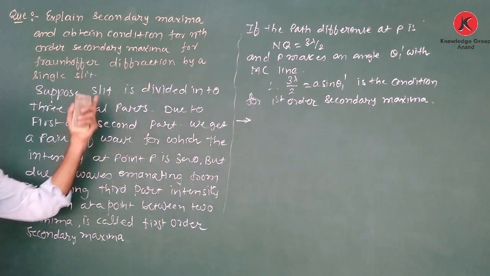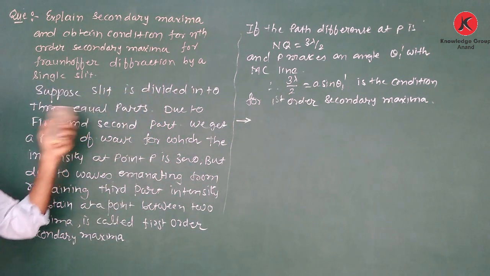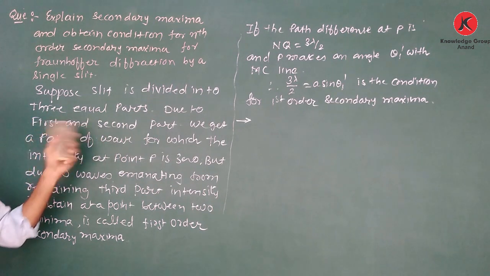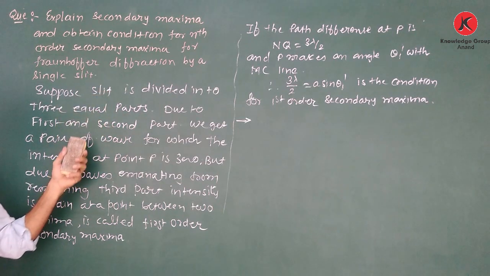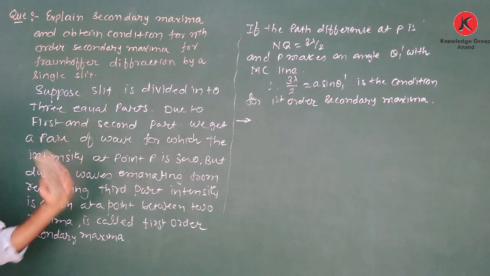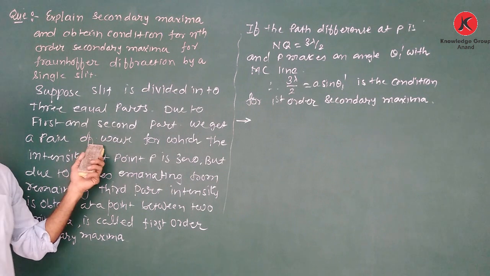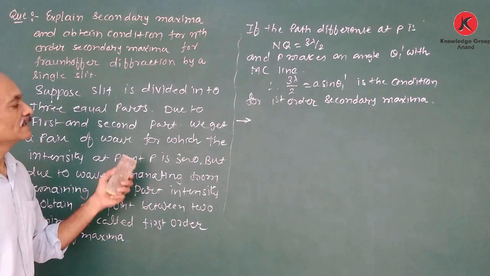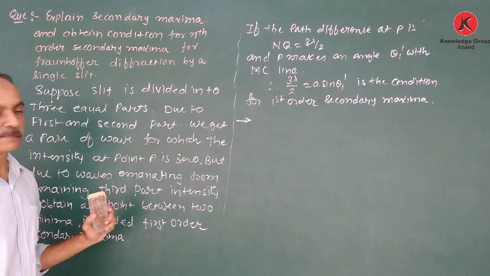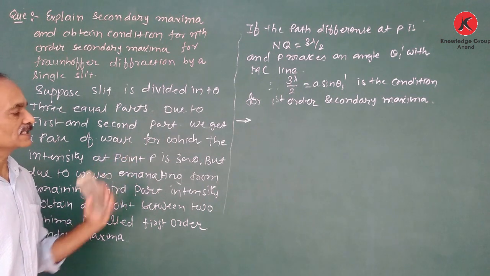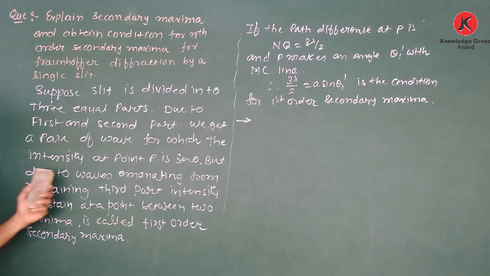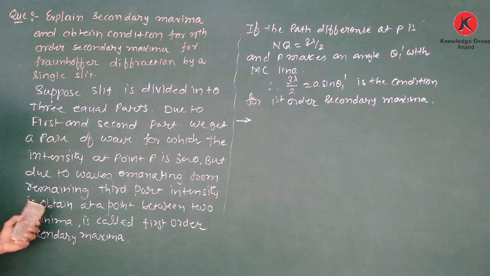So here we divide the slit into 3 equal parts. When the waves from any two parts of the slit reach point P, both waves cancel the effect of each other. Therefore the intensity at point P due to any pair of the two parts is 0. But due to the waves emanating from the remaining third part, the intensity is obtained at a point between the two minima.